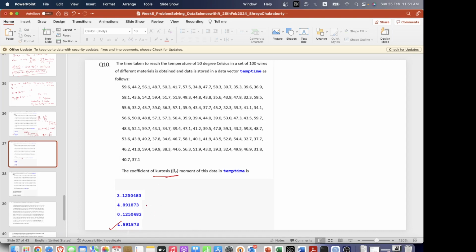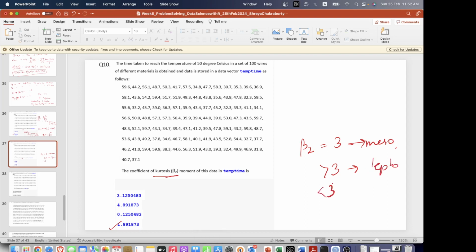So if you have to comment whether this is leptokurtic or platykurtic, what would you say? You have to remember beta 2: if it is 3, then it is meso. If it is greater than 3, then it is lepto.